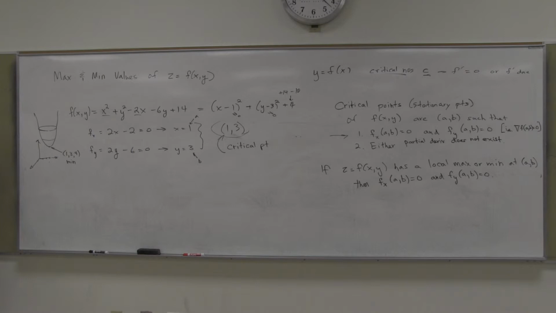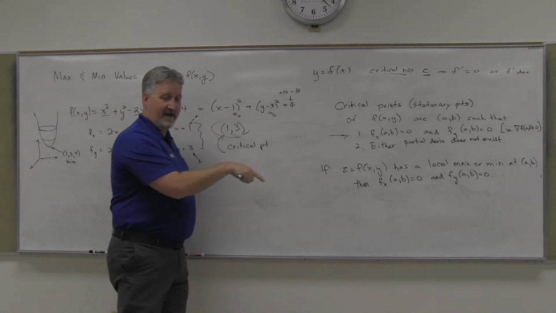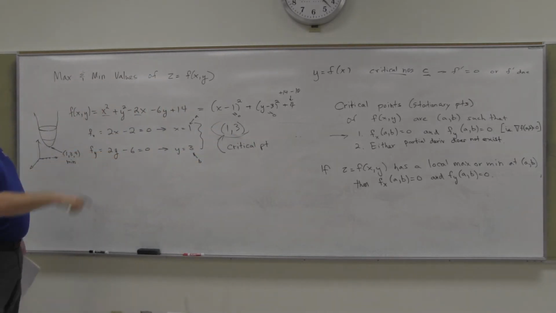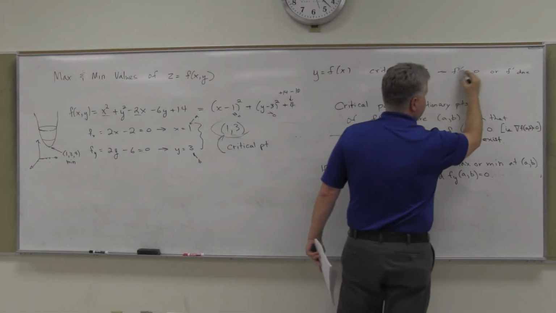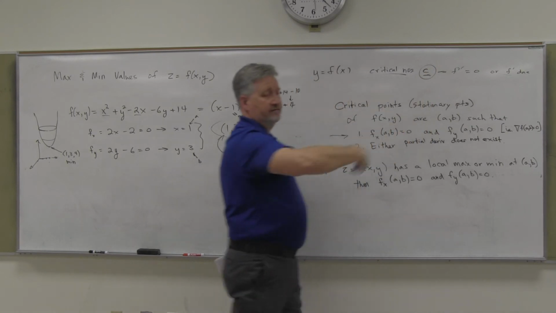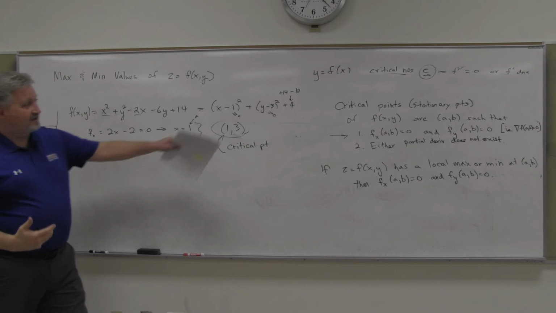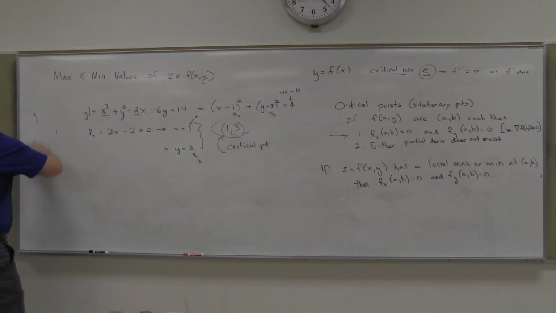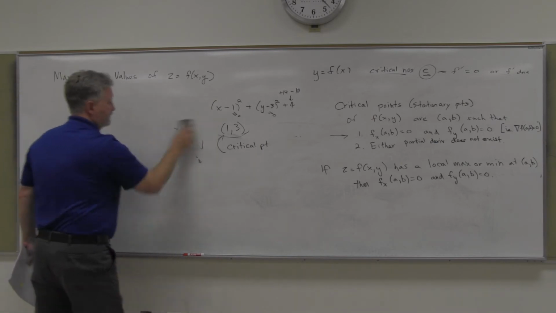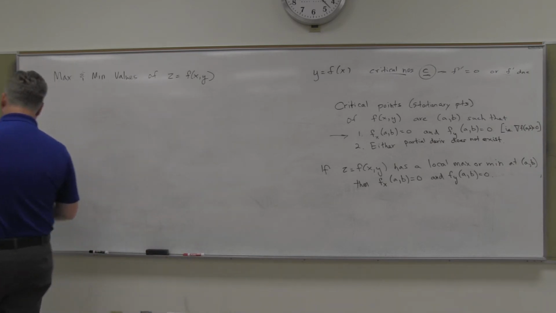Now, that being said, critical points don't guarantee you get a min or a max. That's not what that theorem right there says. Just like these C values don't give you necessarily a maximum or minimum, neither do these critical points. And let me just show you one of these, for example, something we haven't encountered yet, because this is a three-dimensional deal.